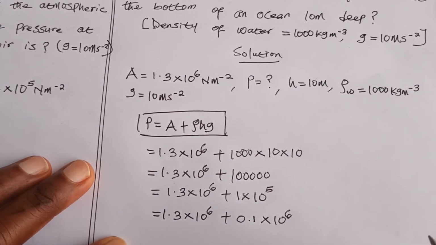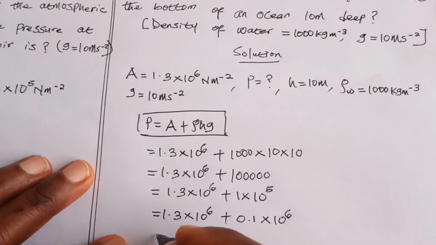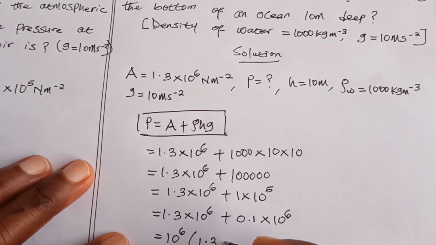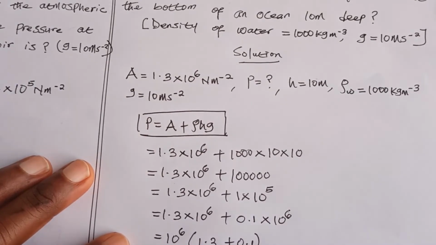That's why I said your mathematics must be very, very strong before you can actually convert this guy to be the same thing. All right, so let's move on now. We can see that we have 10 raised to the power 6 on the two sides now. So I can collect what is common to both of them. So I can say that is 10 raised to the power of 6 into the brackets of what is left here, which is 1.3, plus what is left here, which is 0.1.